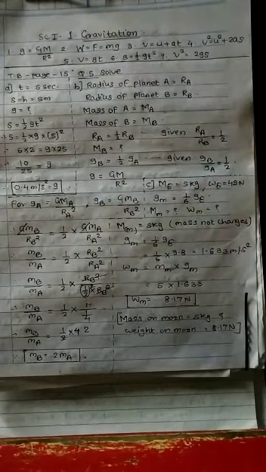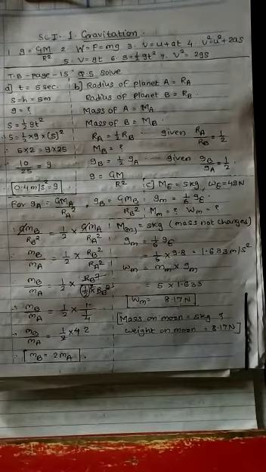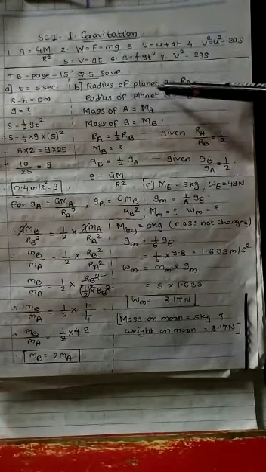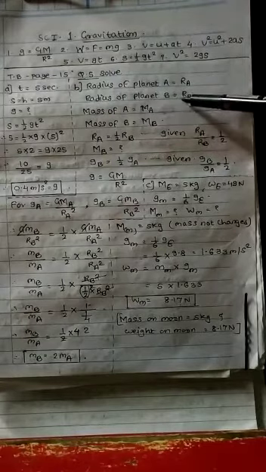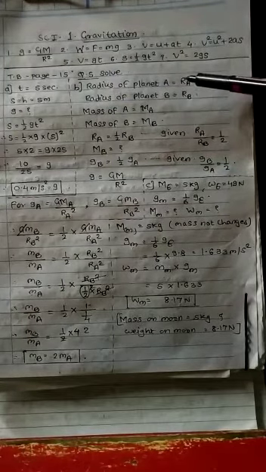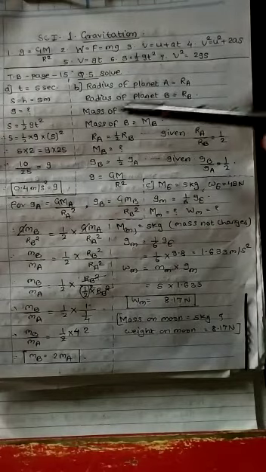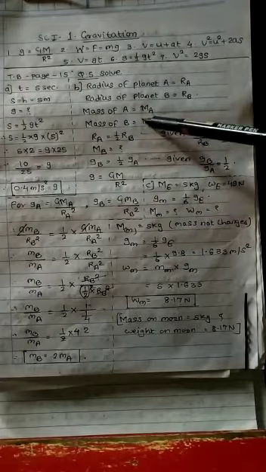Then the next one. I read the question first from the textbook. The radius of planet A is half the radius of planet B. Radius of planet A is RA, radius of planet B is RB. If the mass of A is MA, then the mass of B is MB.